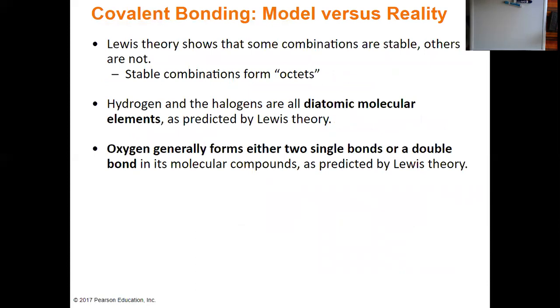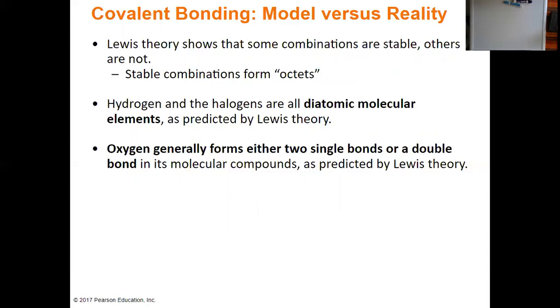Okay, so your Lewis theory is going to show the difference between stable structures and unstable structures. And you are going to notice that stable structures are going to be ones that combine to form octets. All right? We're going to be able to predict the formulas of molecules of covalently bonded substances this way.